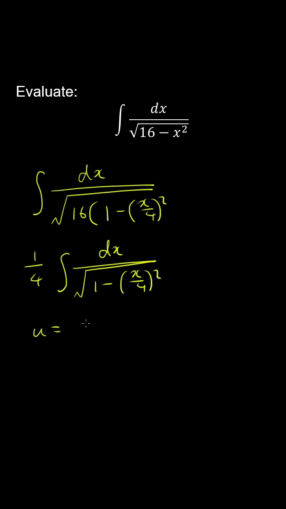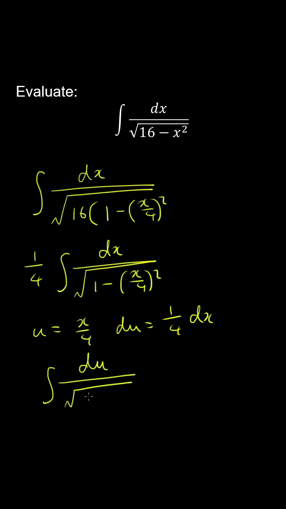And if we let u equal x on 4, then du is 1 on 4 dx. And therefore what we end up with is 1/4 by 4, which is the integral of du over the square root of 1 minus u squared. And you may recognize this as the arc sine of u, so we get the arc sine of x on 4 plus the constant of integration.